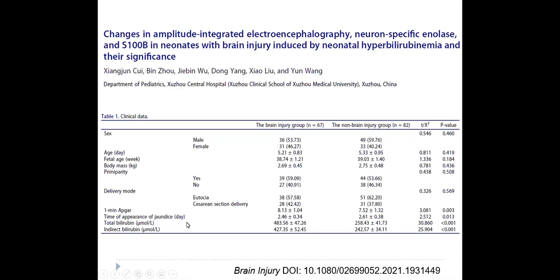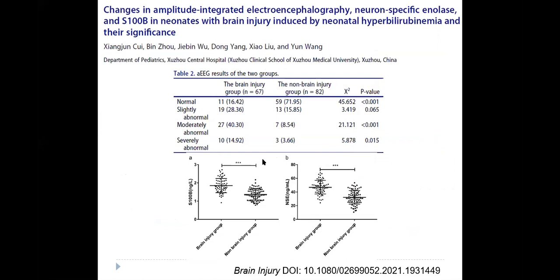The brain injury group has a bilirubin level around 26 to 28 milligrams, or 483 micromoles, and the no brain injury group has around 13 to 14 milligrams, or 258 micromoles. It was a very significant difference between the 2 groups in the levels of bilirubin.